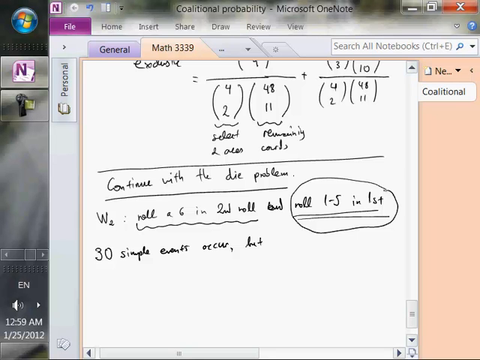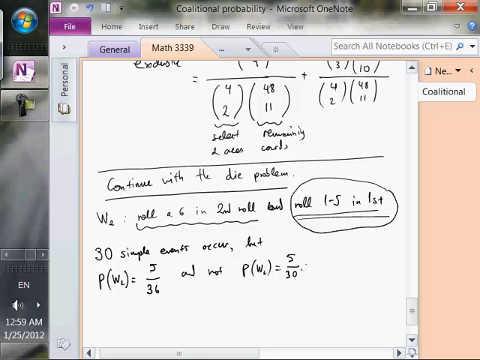That's why the probability of W2 ends up being 5 over 36 instead of being 5 over 30.